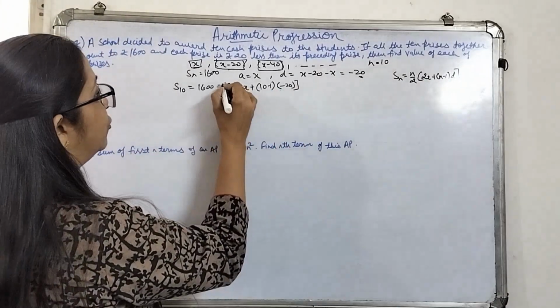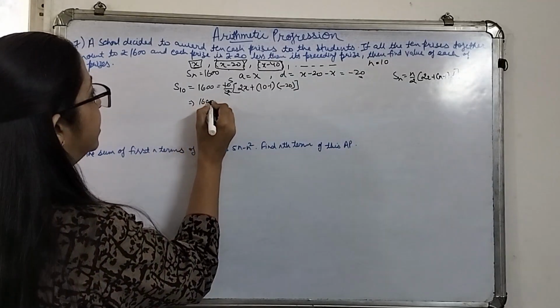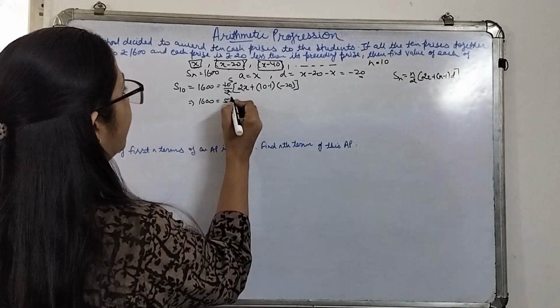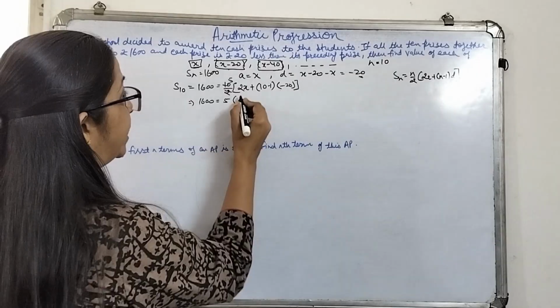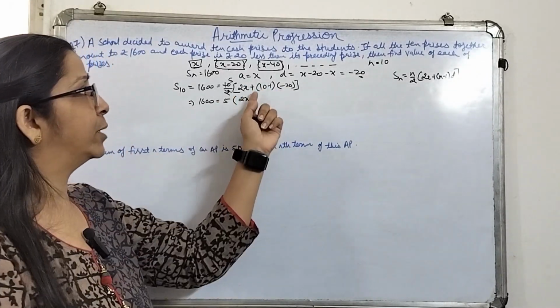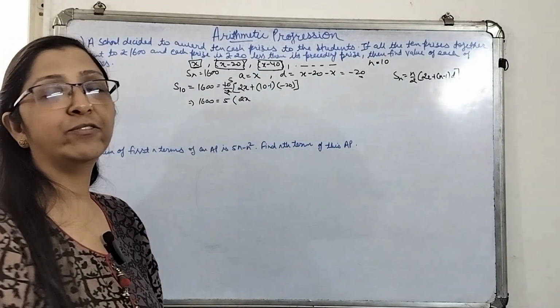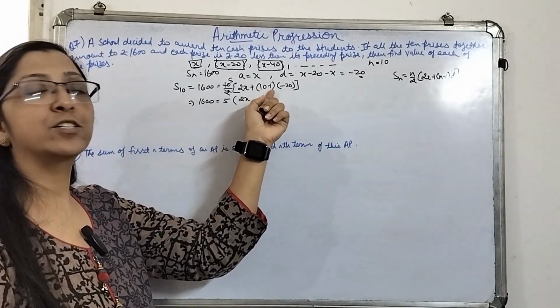So 2 fives are 10, which gives 5 times. If we solve it further, 1600 is equivalent to 5 multiplied by 2x plus minus 20 multiplied by 10 minus 1. 10 minus 1 is 9.